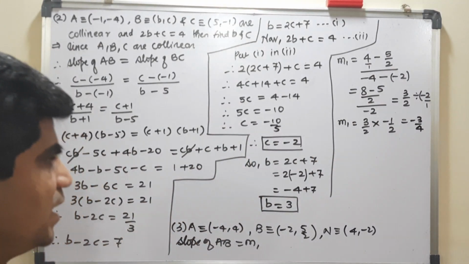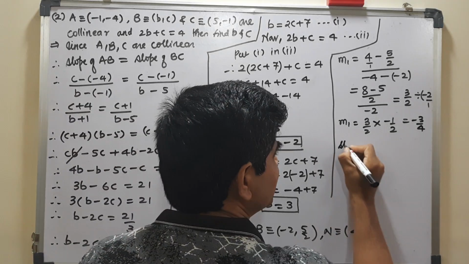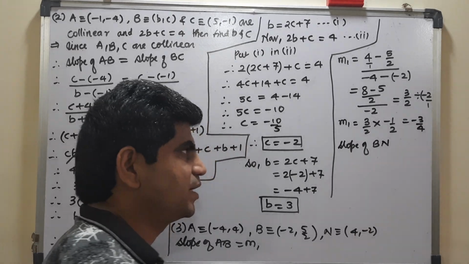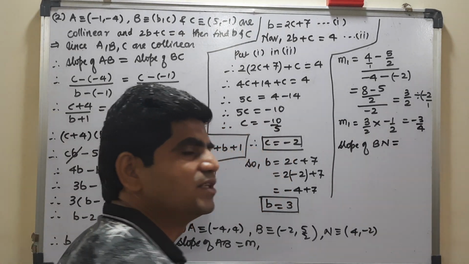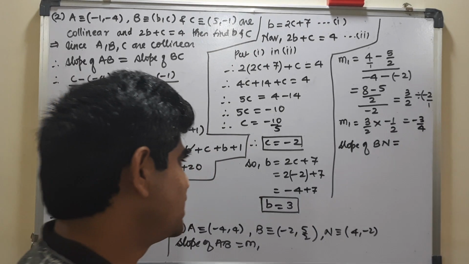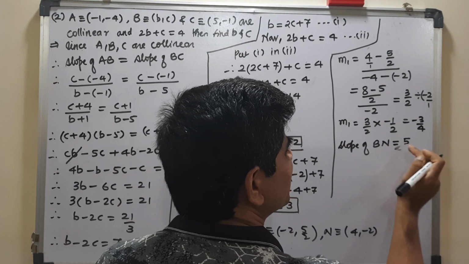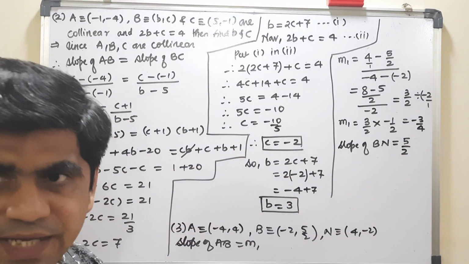Okay. Now let us find the slope of BN. That is also difference of y coordinate upon difference of x coordinate. That is y coordinate is 5 by 2, and here is minus 2.